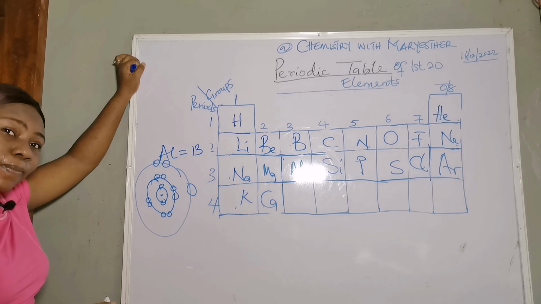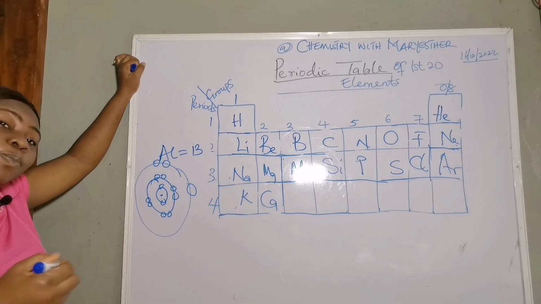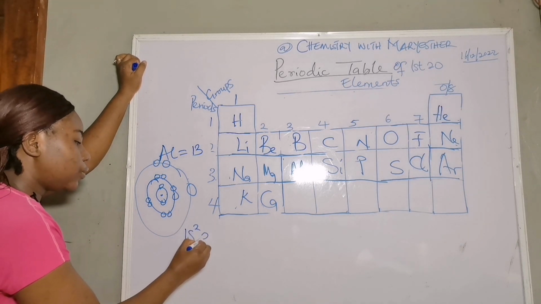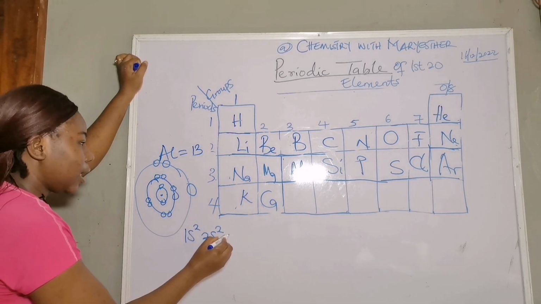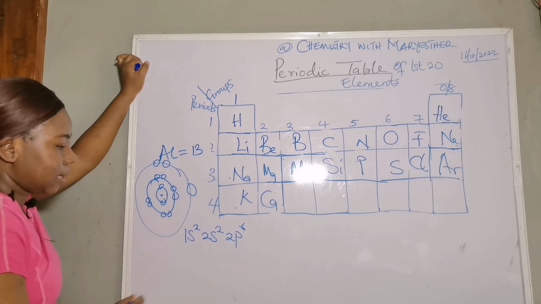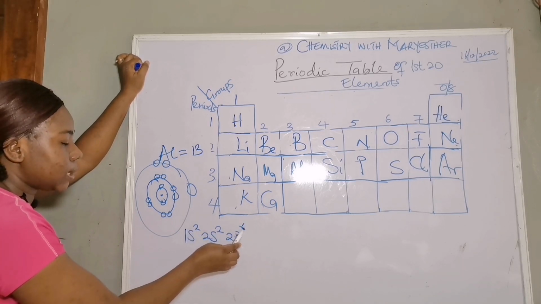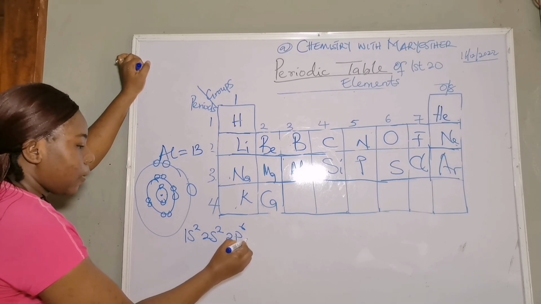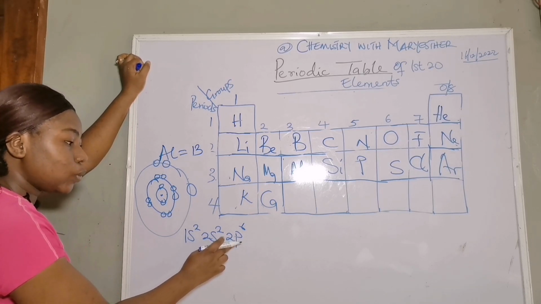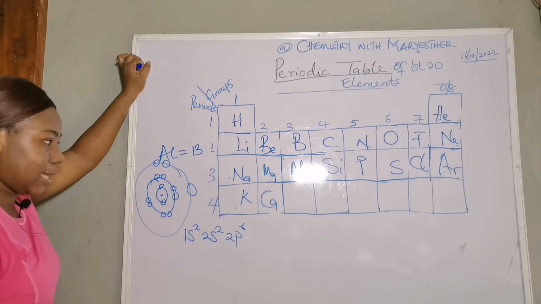It's very simple. Then using SPDF configuration for aluminium, let us try it out. 1s2, 2s2, 2p6, because 2 plus 2, 4, 4 plus 6, 10. Now, next one should be what? After 2p, what do we enter?